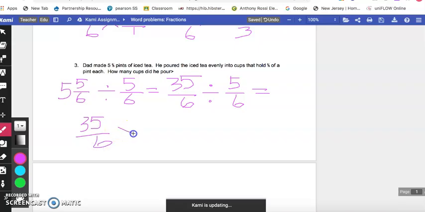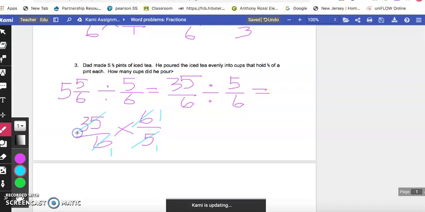I'm going to change my sign, and then I'm going to take the reciprocal of my 5/6, which is 6/5. Now, once I do that, I see very clearly that I can cross cancel. So my sixes cancel. My 5 becomes a 1.